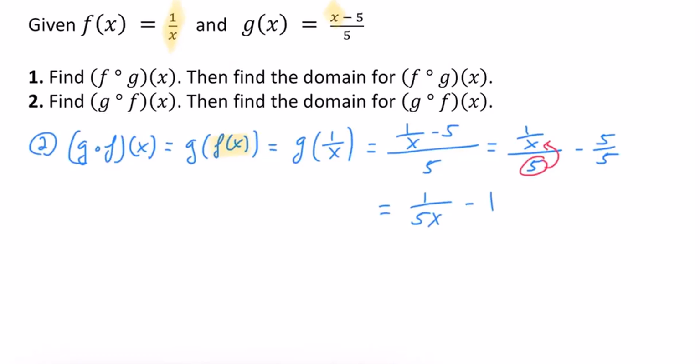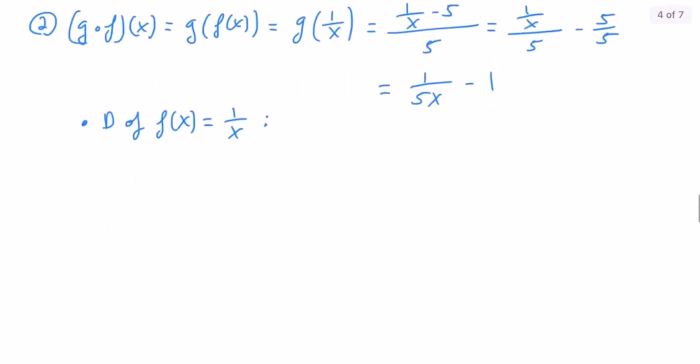So let's get the domain. The first step is to get the domain of the inside function, which is f(x). And f(x) here is 1/x. So we have a fraction here, so the denominator cannot equal 0.